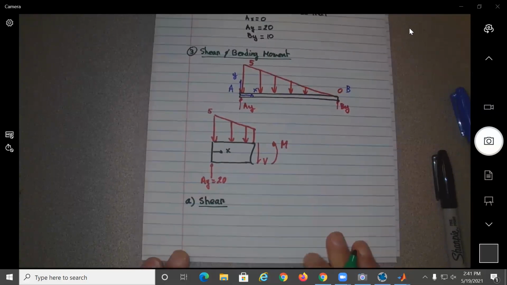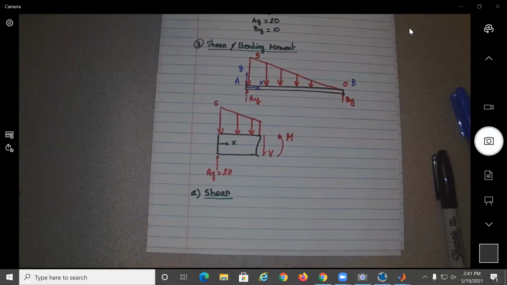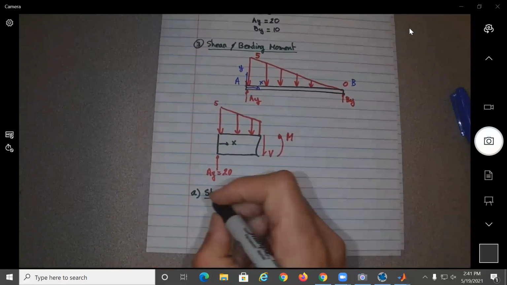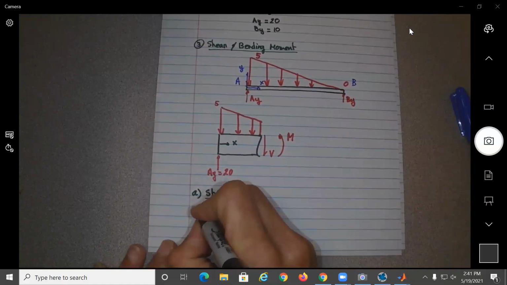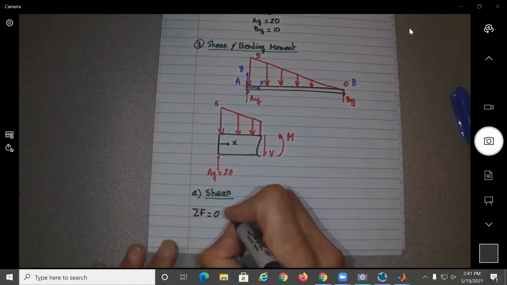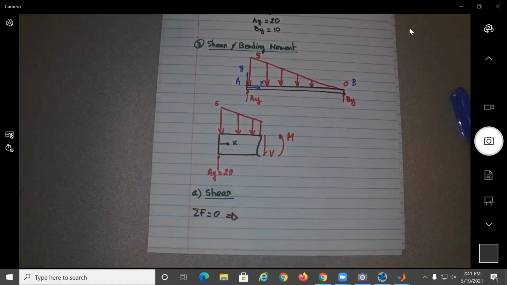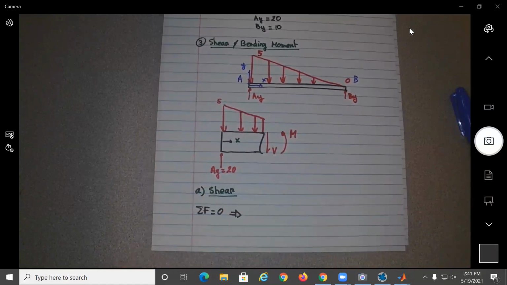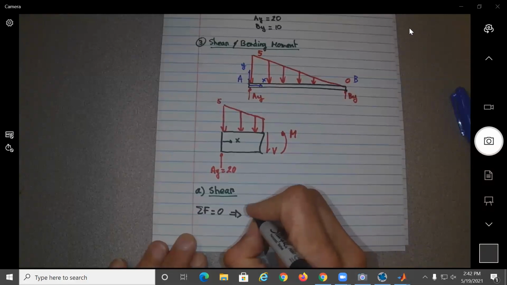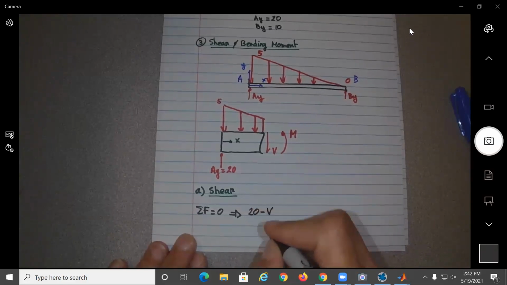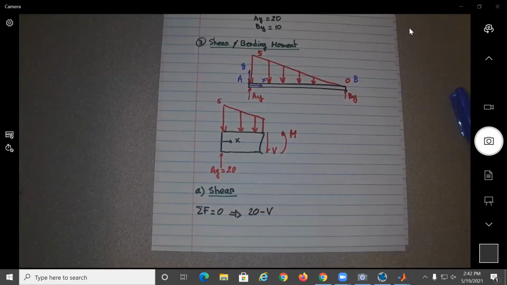So in order to do the shear force, what are you going to do? You need to apply summation of forces equal to 0. All right. So what are you going to have? You're going to have 20 minus V, but now comes the problem.